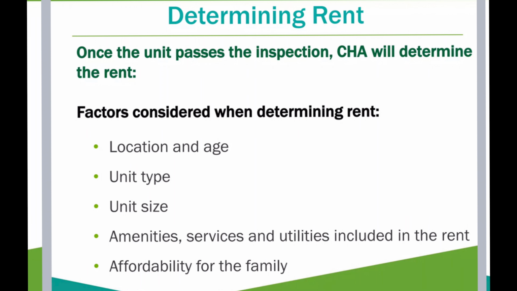They will also take into account the affordability of the property for the family, the unit size, and the type of unit you have, such as a multi-family unit or a single family home. They take all of this together to determine what's fair market rent for your property.